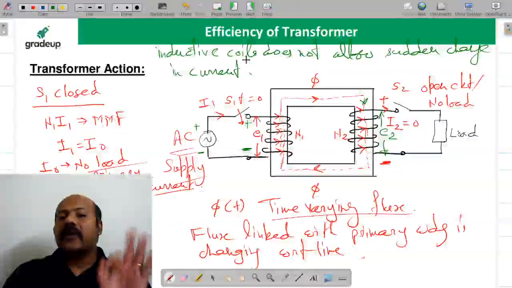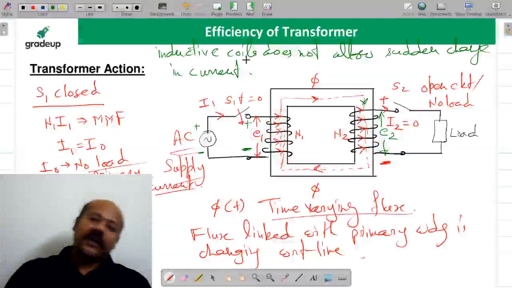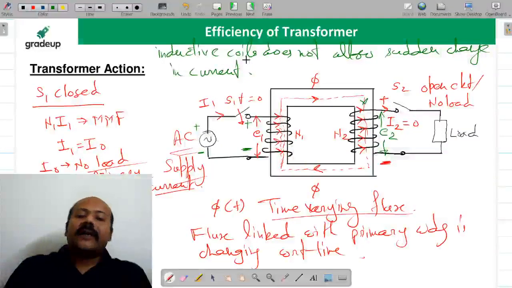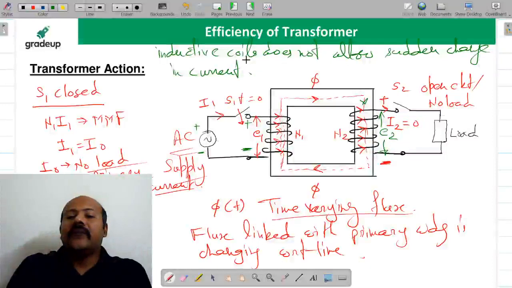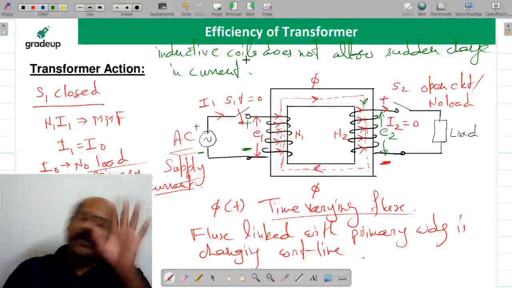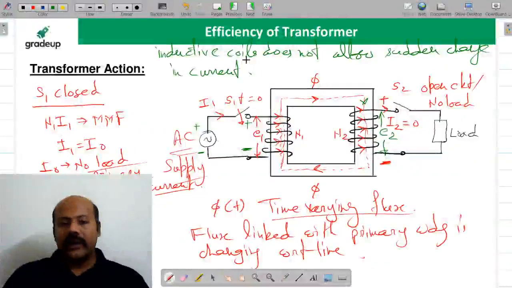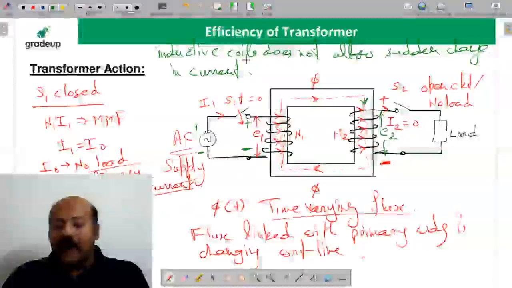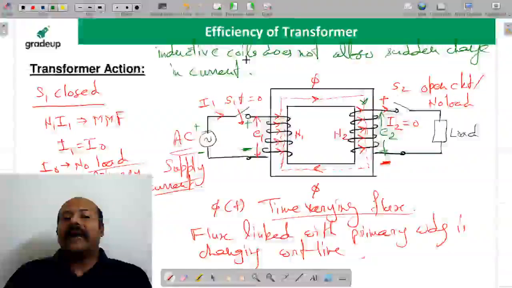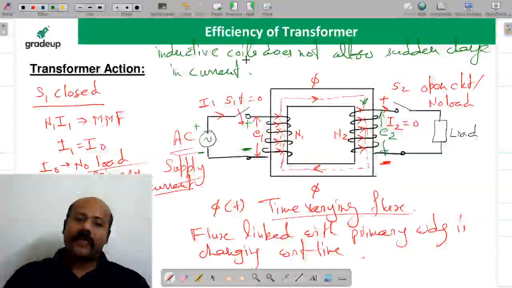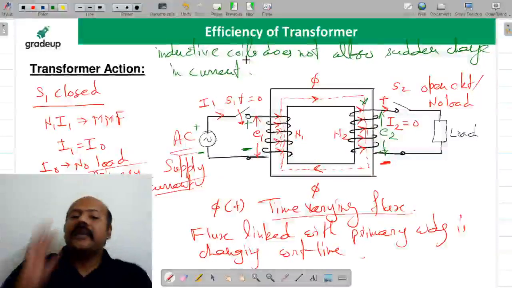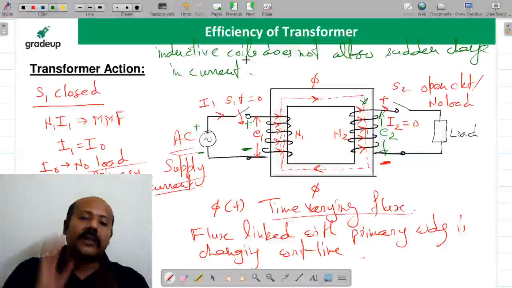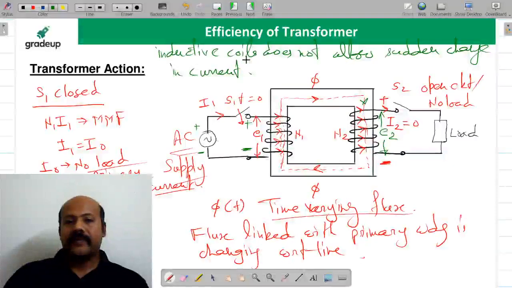Inductive coils are not going to allow the sudden change in the current, and the capacitors are not going to allow the sudden change in the voltage. Can you tell me the reason why they are not allowing? Because your inductive coil is going to have a flux linked with it. And if you suddenly change the current, the flux is going to be changed suddenly, which is not possible.